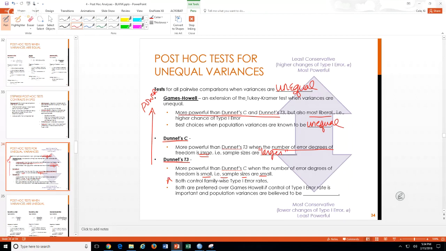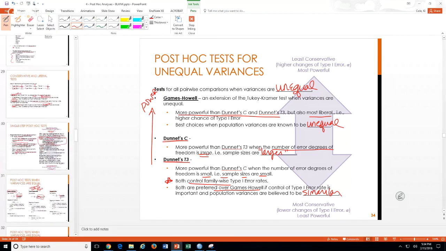Both of these do control the family-wise error rate and are preferred if controlling the type 1 error rate is important and population variances are actually believed to be similar. So the difference in sample variances was just a matter of your data, a sampling error or something like that. But in the population, we may believe that they are equal.